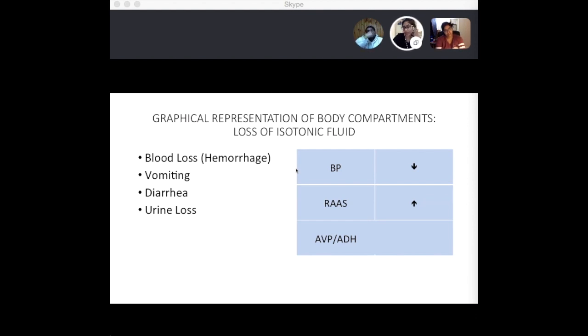Increased. It's anti-diuresing because we already have low blood pressure. If antidiuretic hormone was not doing its job of preventing diuresis, then we're going to lose more water, which is further going to decrease our blood pressure.